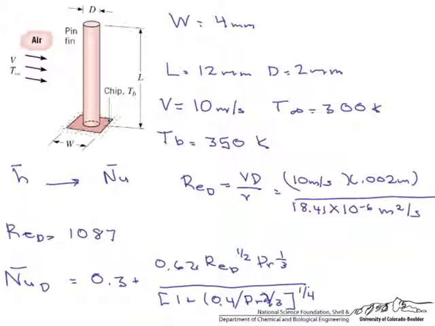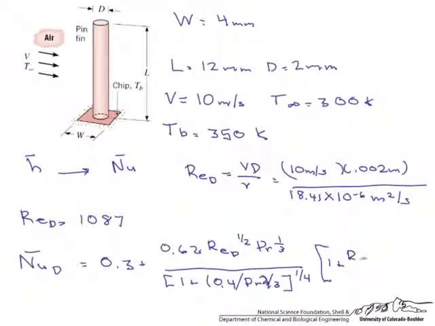And if that weren't enough, this is all multiplied by 1 plus the Reynolds number divided by 282,000. This term is raised to the 5/8, and this entire term is raised to the 4/5.